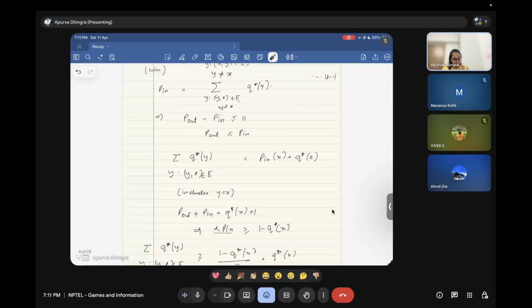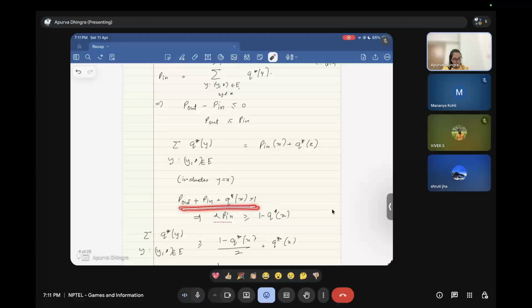The sum of these three probabilities must be 1.